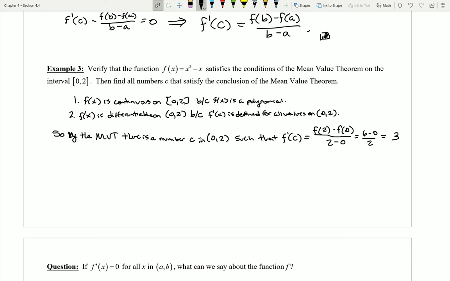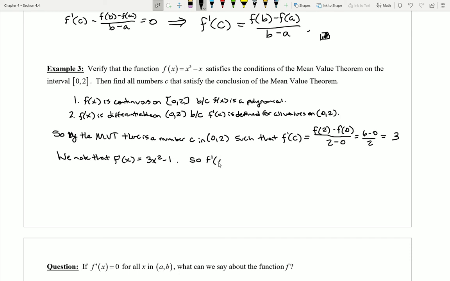So the mean value theorem is guaranteeing me that there's some spot on this curve where there's a tangent line with a slope of 3. Now we want to find when this is. So I'll state that we note that f prime of x is equal to 3x squared minus 1. And so I'm curious when this might actually come out equal to 3.